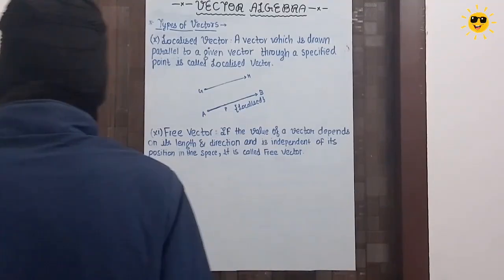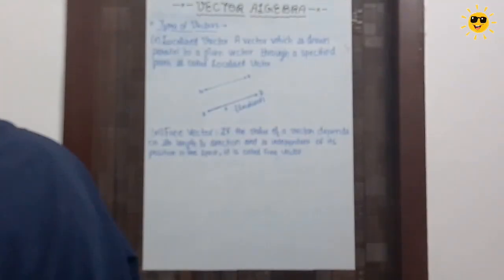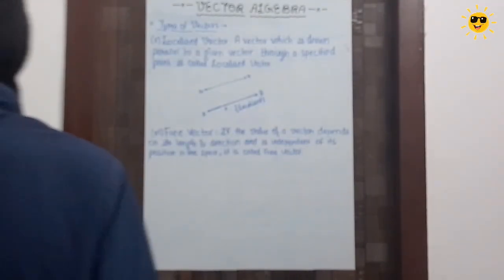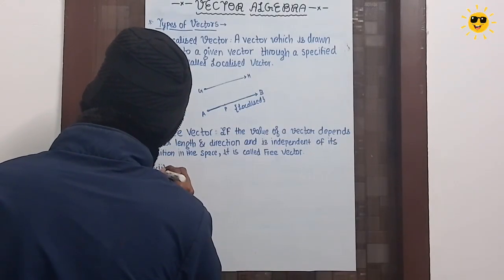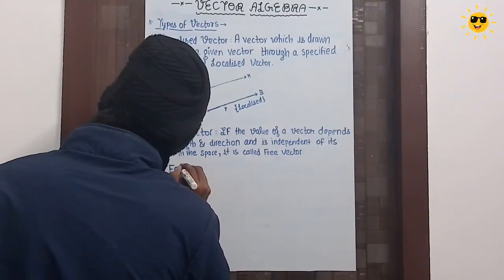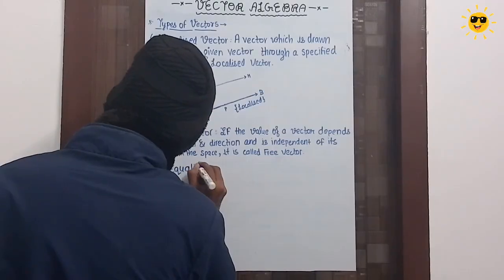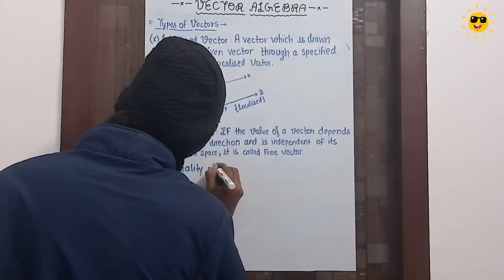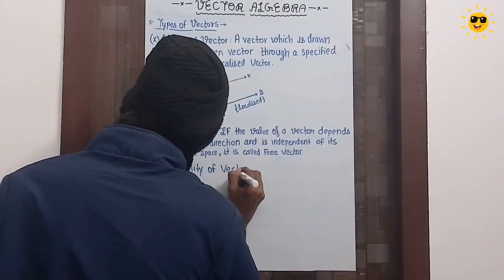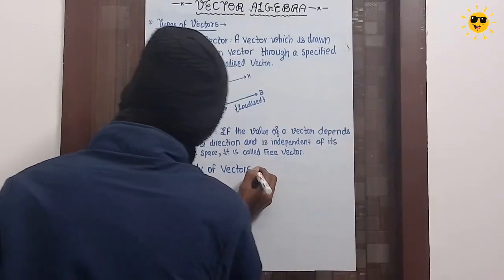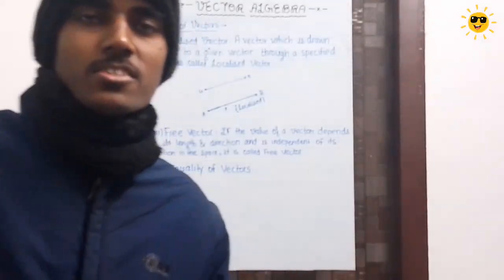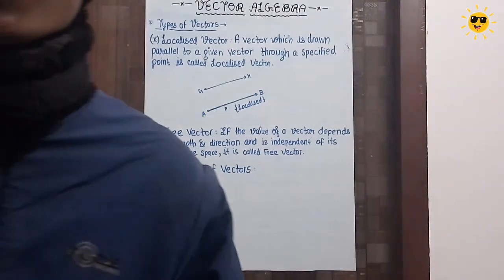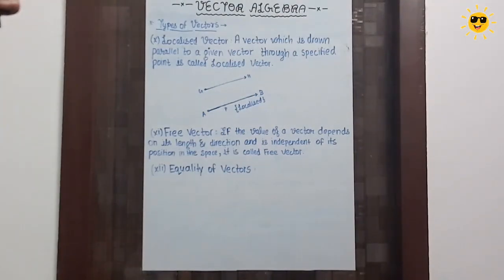And last but not least, the equality of vectors. As I mentioned earlier, when will two vectors be said equal?